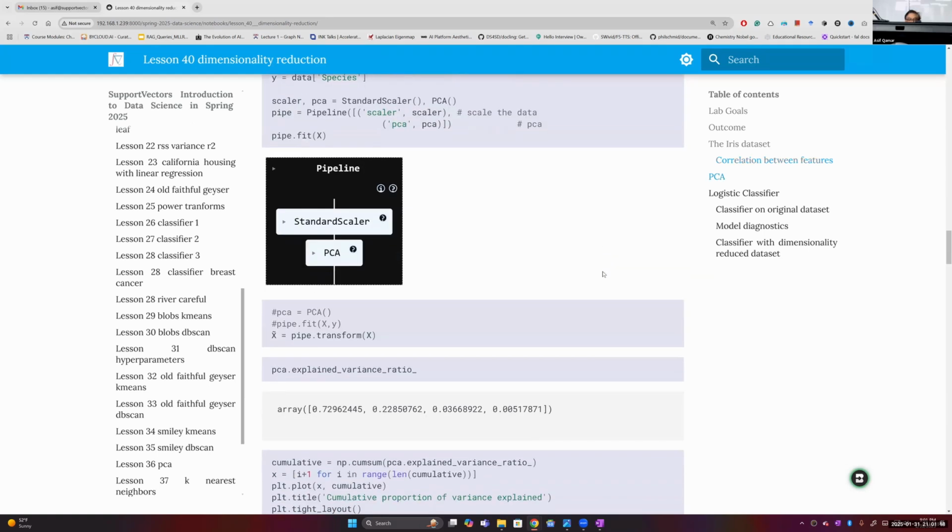But nevertheless, it is good to know where it all comes from. Question: does the PCA do the V, D, and V transpose? Is that what it does? Internally, yeah, it does all of that. It does the decompositions for you.